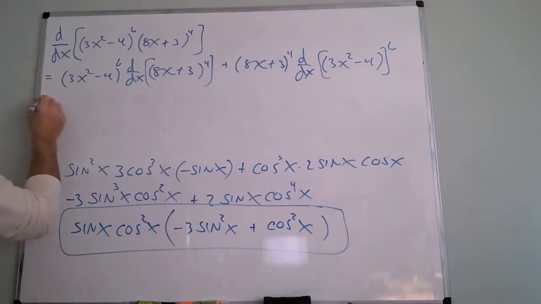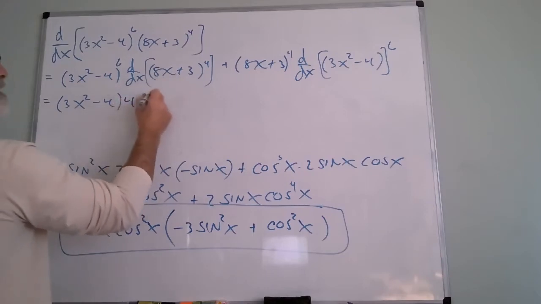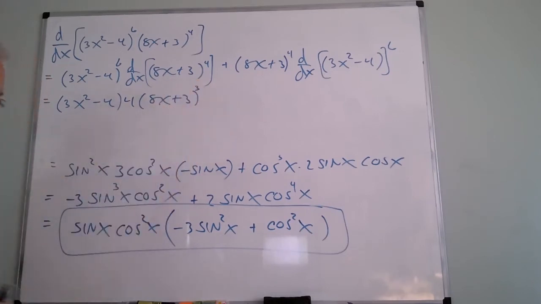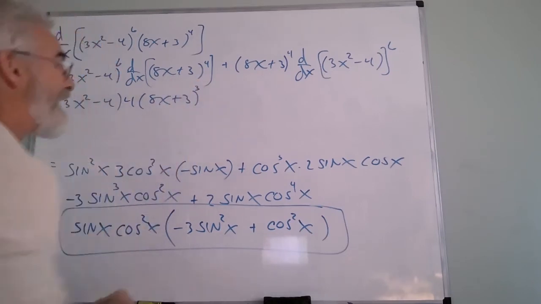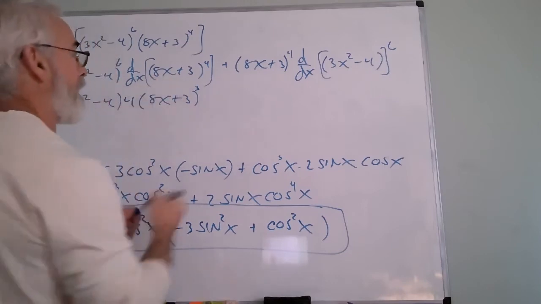Now, when I differentiate that guy, this is going to be 4 times (8x plus 3) to the third power. Then what? Then times the derivative of 8x plus 3. And I'm going to go ahead and write it out formally.